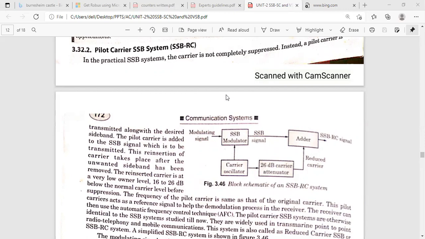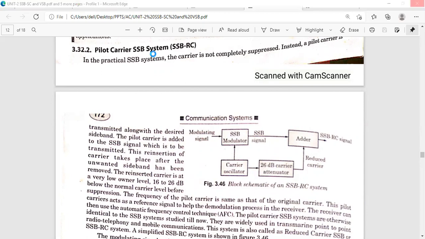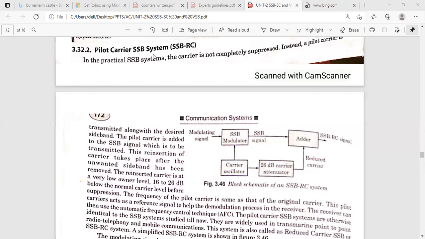Okay, so here is another method, that is the pilot carrier SSB system. Why do we use this method? In order to detect the original information from the SSB SC signal, we need to synchronize the receiver carrier with the transmitter carrier.